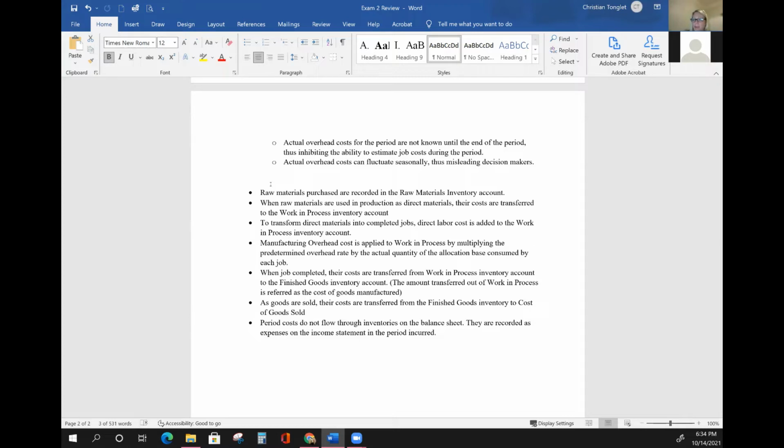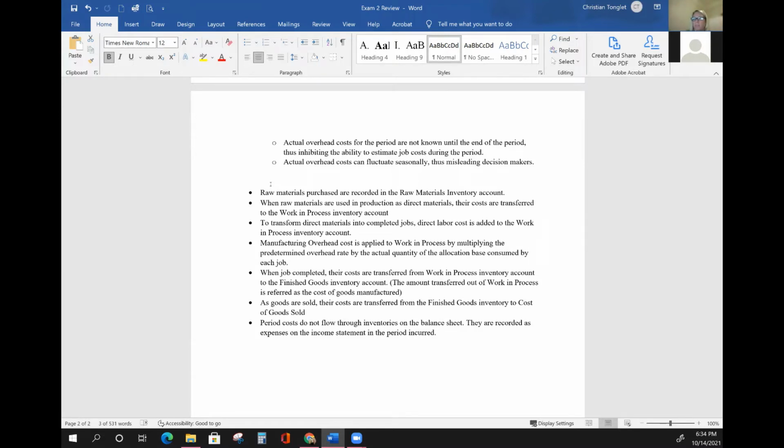It'll stay in there until the product is finished. So we have our direct materials and our direct labor going in. Then we have our manufacturing overhead costs, which we apply also to the work in process. So once we have all three of those in the work in process, and the products are finished, we can move everything out at one time.